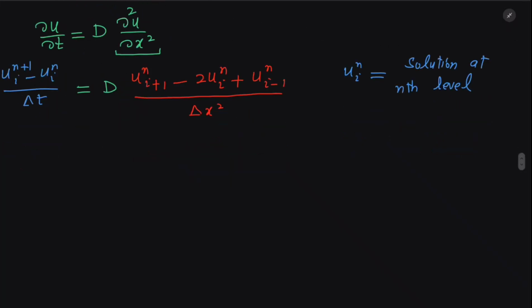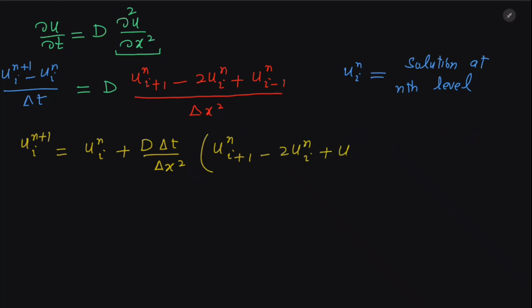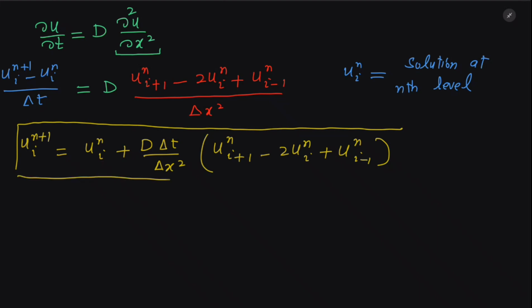We just solve it, keeping the unknown on the left hand side: u^(n+1)_i equals u^n_i plus D delta t by delta x square, times (u^n_(i+1) minus 2u^n_i plus u^n_(i-1)). So this is the equation which will give you the finite difference method solution.